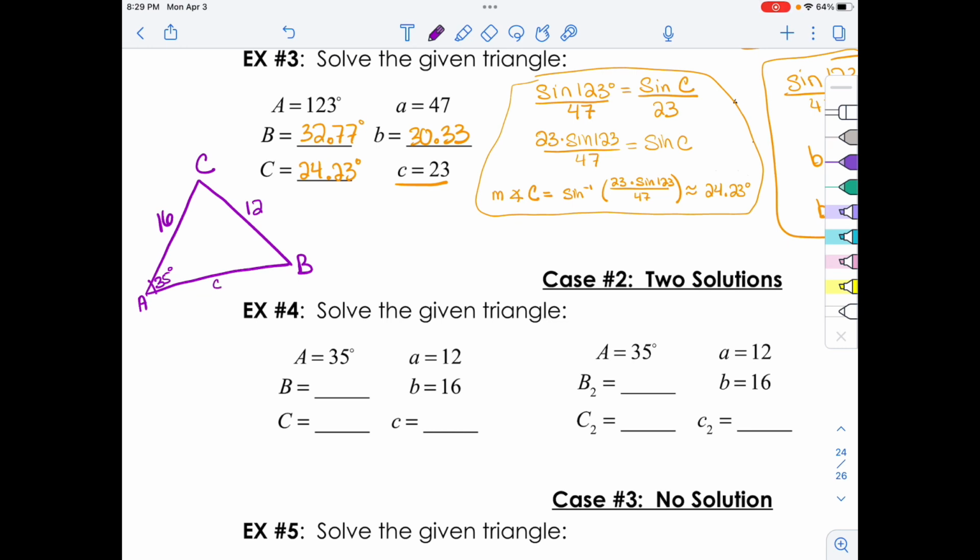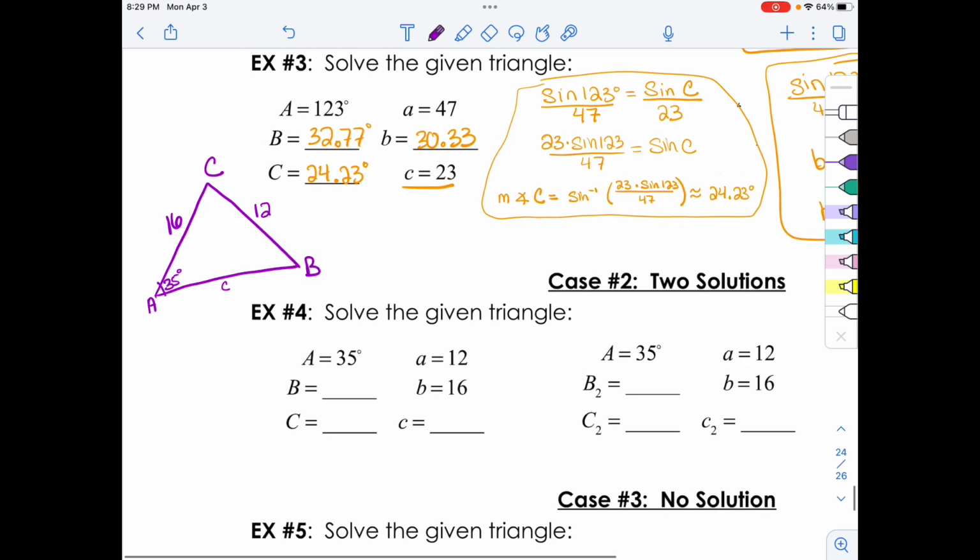So let's solve our first triangle like we always do. So we're going to do the sine of 35 over 12 equals the sine of B over 16. So the sine of B is 16 times the sine of 35 over 12.